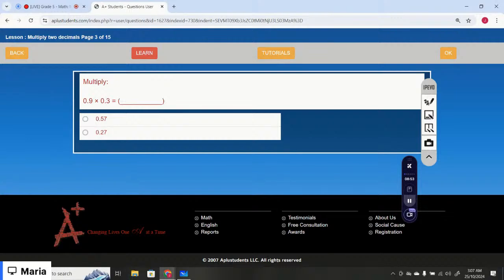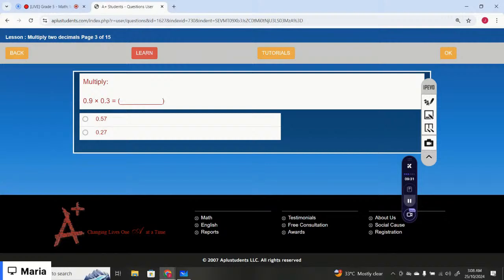0.9 times 0.3, which is the correct option. The correct option is option number 2.